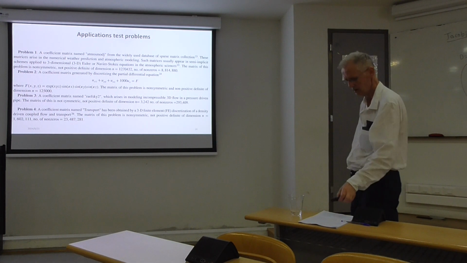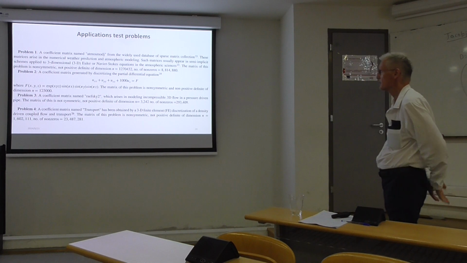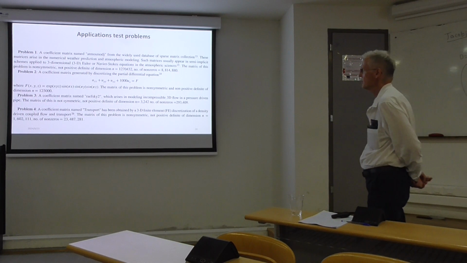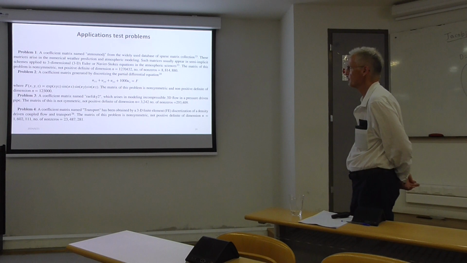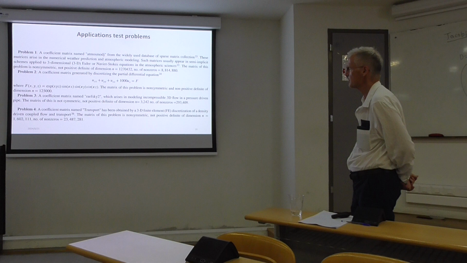Now we considered 4 problems where we did our testing. 3 problems are from a library, sparse problems, and the second one is a problem that my co-author wrote the code for from scratch.